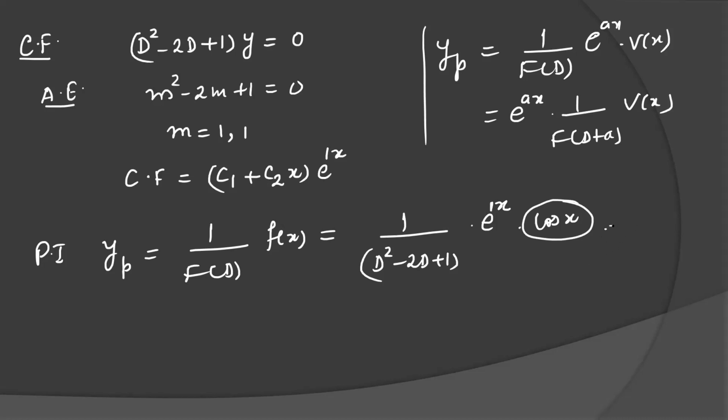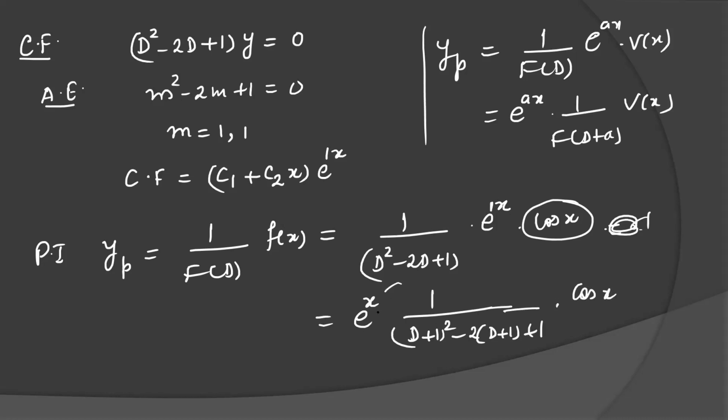So it will be equal to e to the power x, which we can take outside, and D will be replaced by D plus 1, because D is replaced by D plus a, and a is here 1. So 1 over (D plus 1) squared minus 2(D plus 1) plus 1 into cos x, and e to the power x is now outside the box.